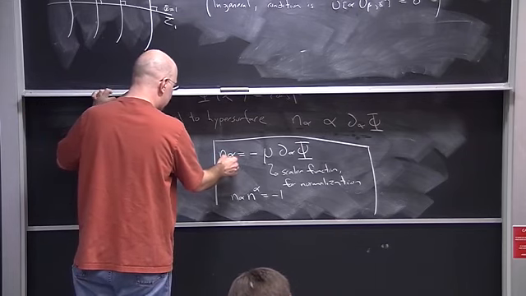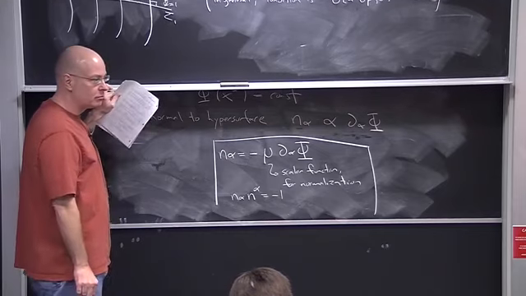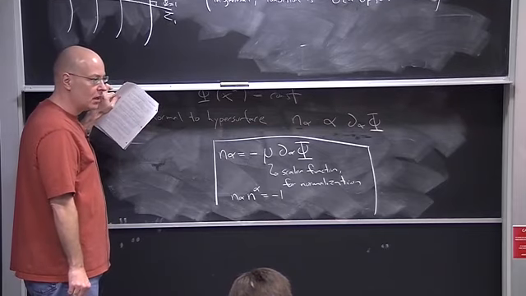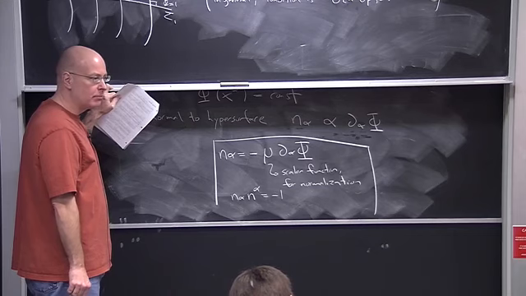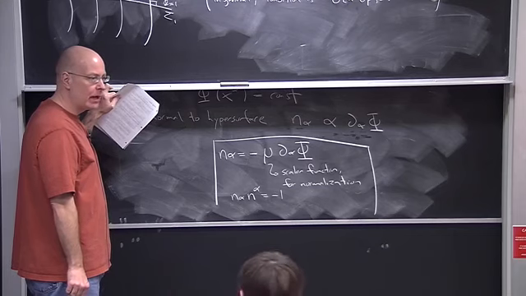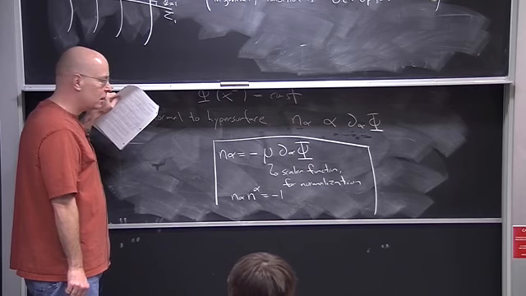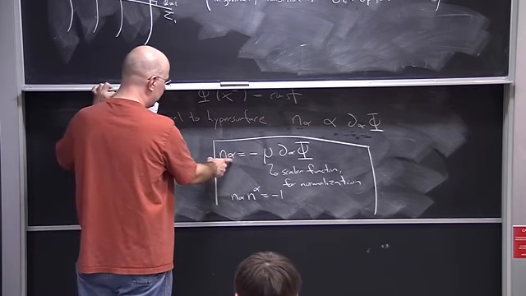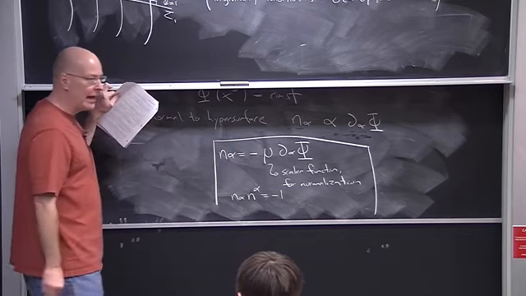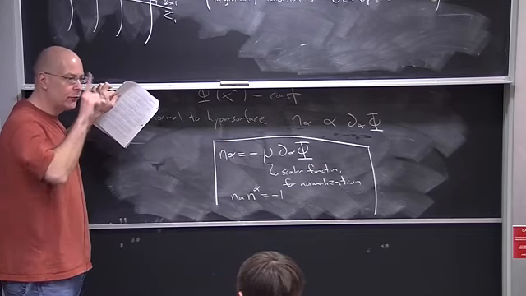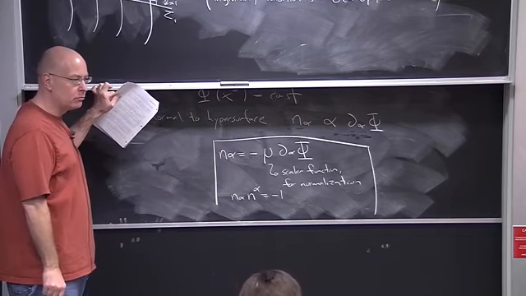When I convert this one form into a vector, I'm introducing another minus sign, right? Because it's a time-like one form. So basically, this minus sign is what I need in order to make sure that the vector associated with that, n alpha with the index up, is a future pointing vector.